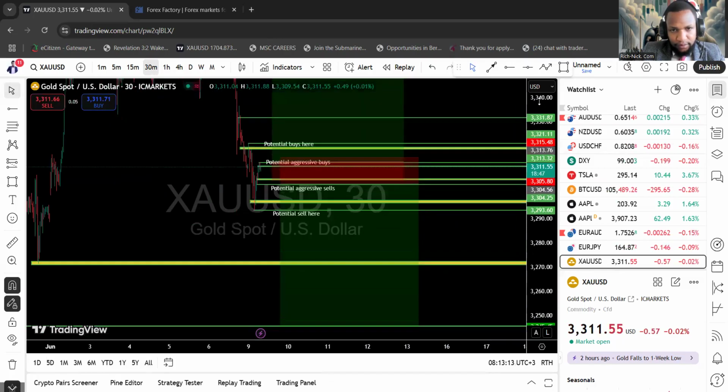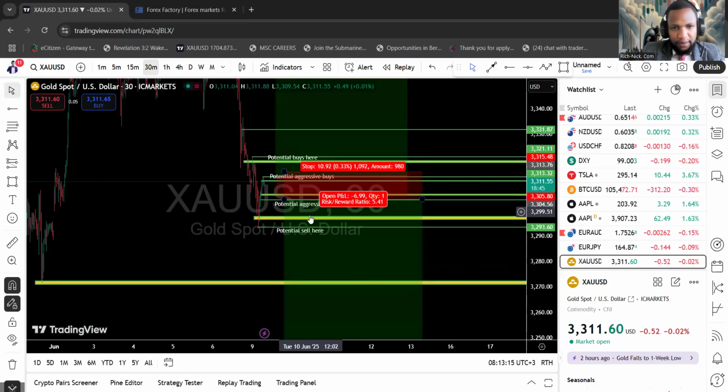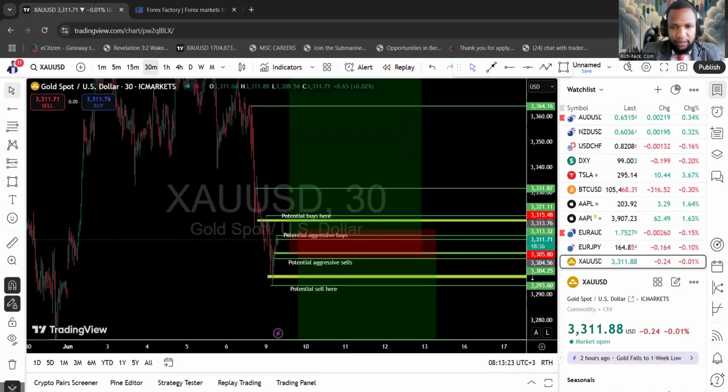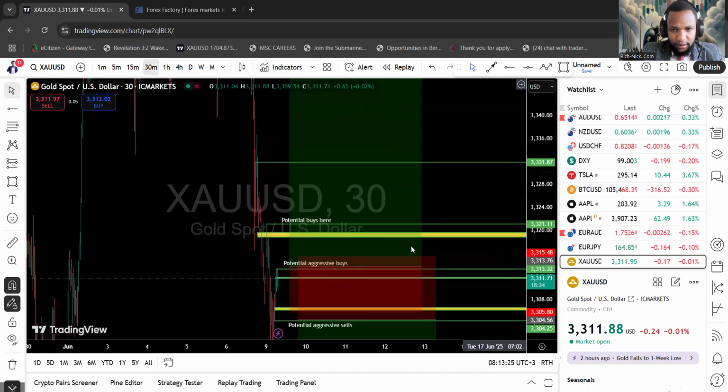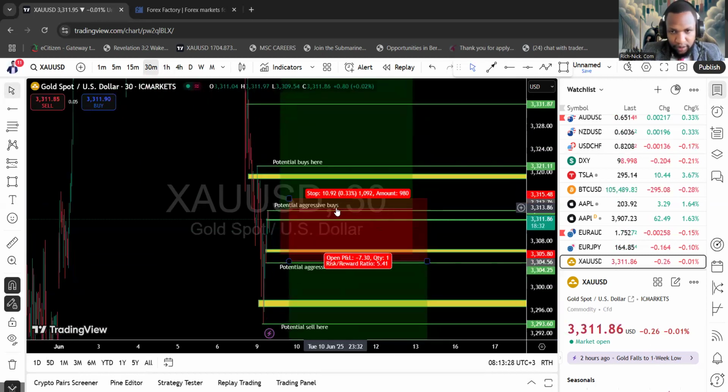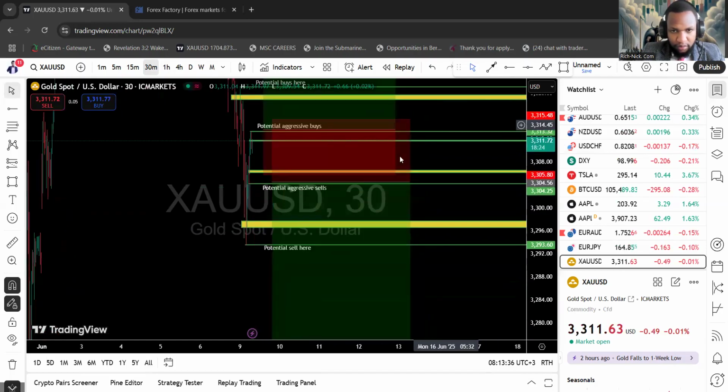All right. So to be honest, you can actually ignore the aggressive bits because they're not really giving much. It's quite small. Let's see, for example, if you take an aggressive buy over here, there's like 7 pips to go to the take profit.